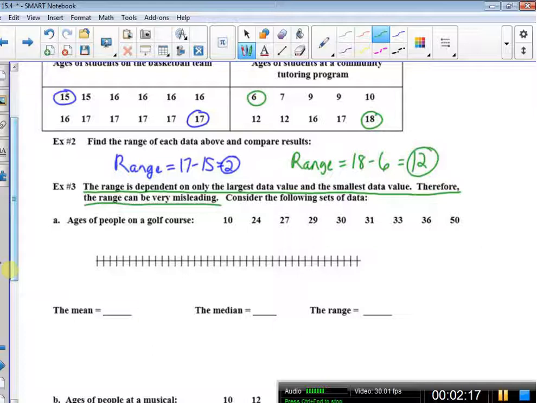So let's take and place these on this line here.